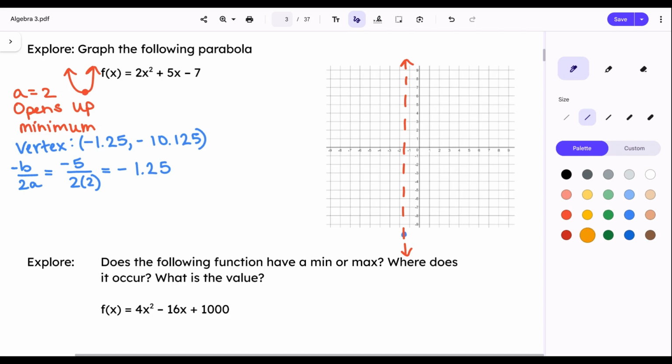Okay, let's skip the x-intercepts right now. Let's go to the y-intercept because that's easier to find. Remember, your y-intercept would be your c value, which is what number? -7. So we write that as 0, -7. I'm going to go ahead and graph that.